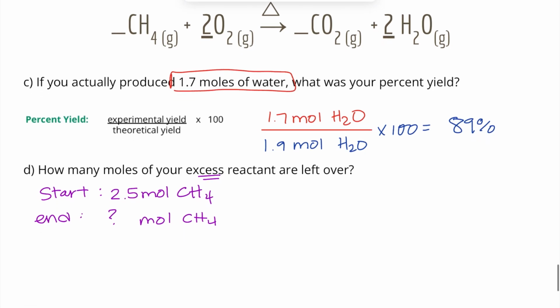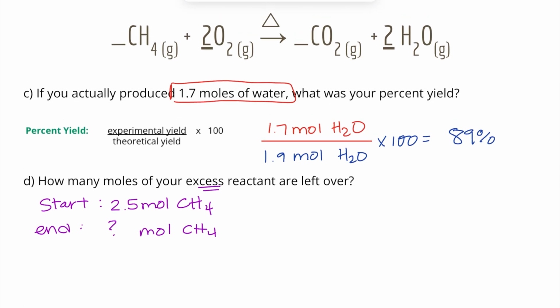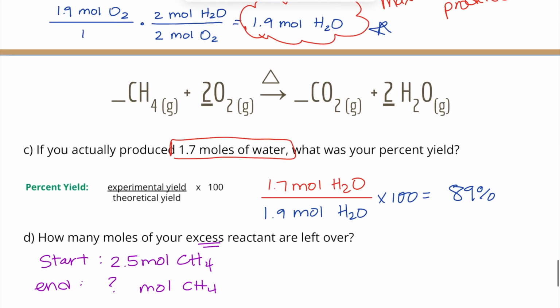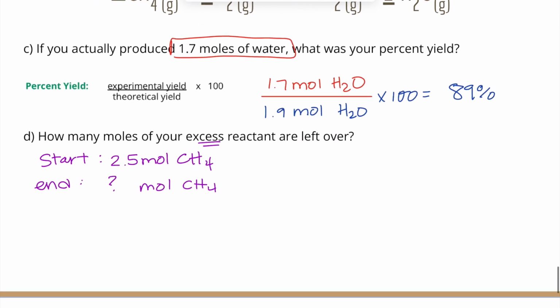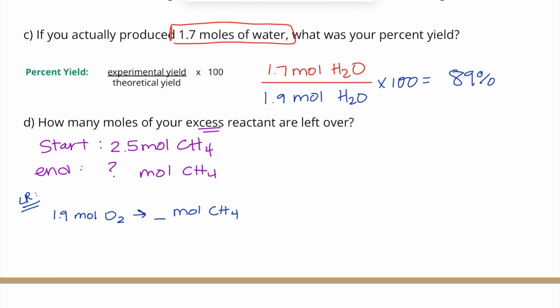In order to do that, we have to know an amount that got totally used up. So we know our limiting reactant was that oxygen. I know my limiting reactant gets completely used. So let's figure out, if we're using that, how many moles of CH4 is required to complete that reaction.